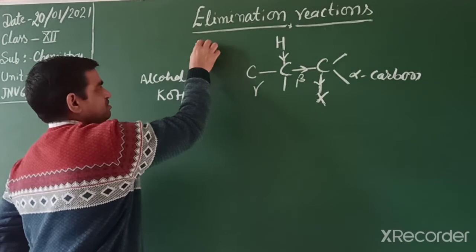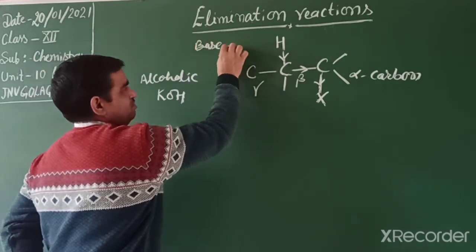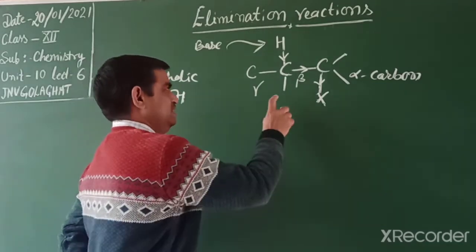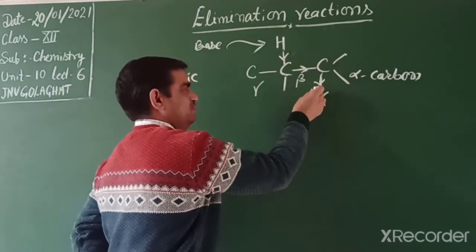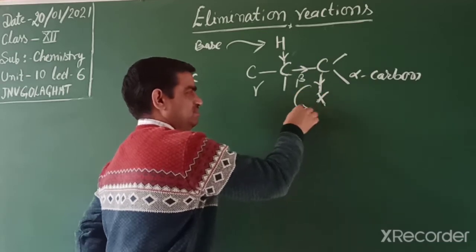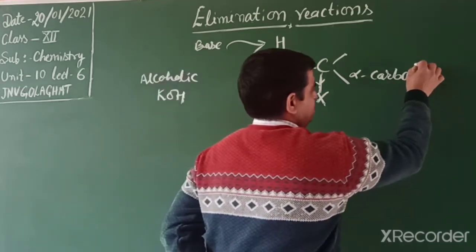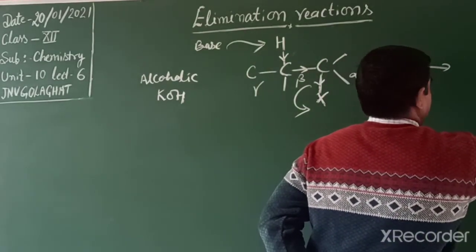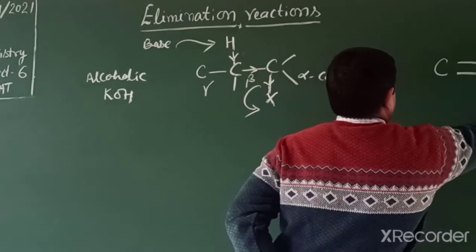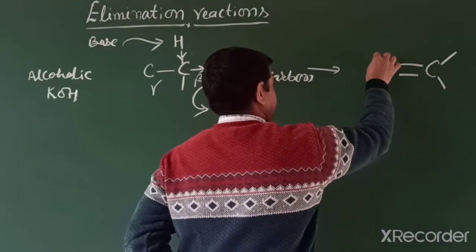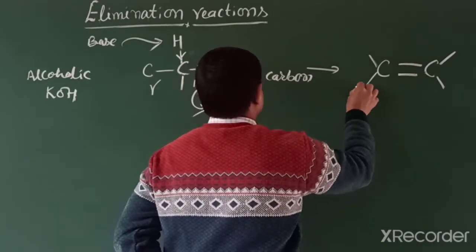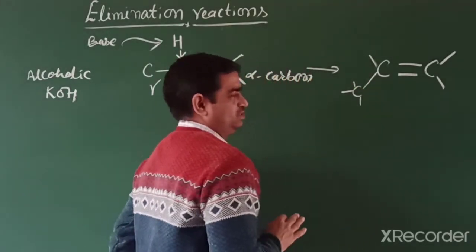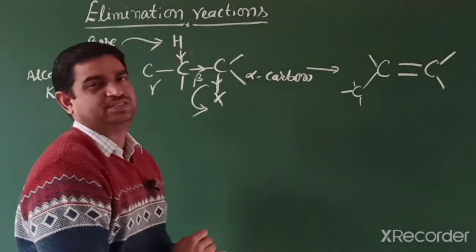That base abstracts this proton, the beta hydrogen, and then this electron pair moves and ultimately releases the halogen. So, we get an unsaturated compound, an unsaturated hydrocarbon like this, in this reaction. So, this is known as an elimination reaction.